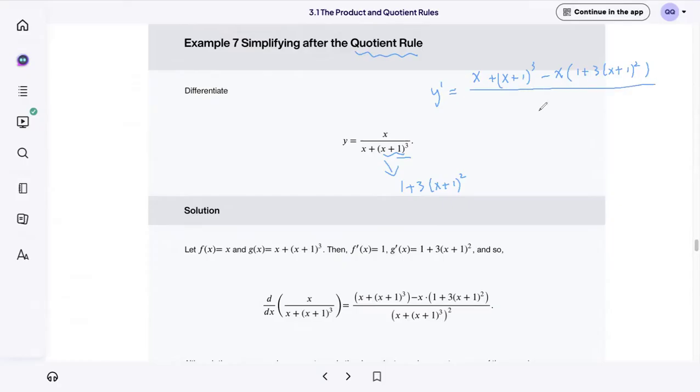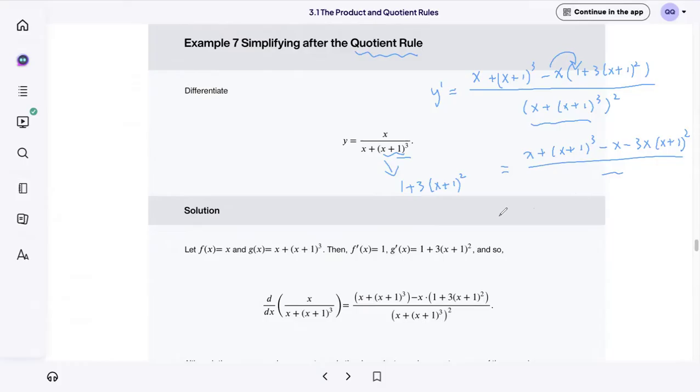Then divided by the bottom squared, which is x plus 1 raised to 3, then squared. We would never want to simplify the denominator, okay? The numerator can simplify. The numerator will get x plus 1 raised to 3 minus x, because minus x times 1 is minus x, then minus 3x times x plus 1 squared.